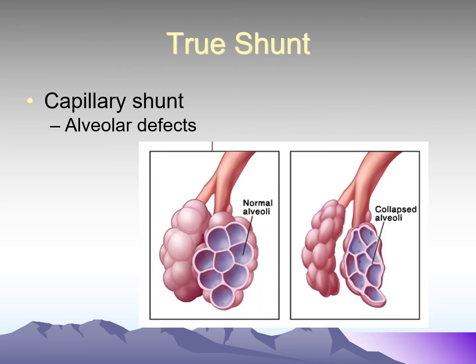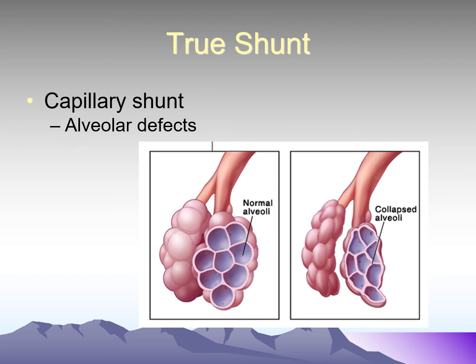And then an absolute shunt, this would be more on picture C, okay? You're looking at the capillary shunt then, that's what they're referring to. This is where you're going to have perfusion, but no ventilation, okay?